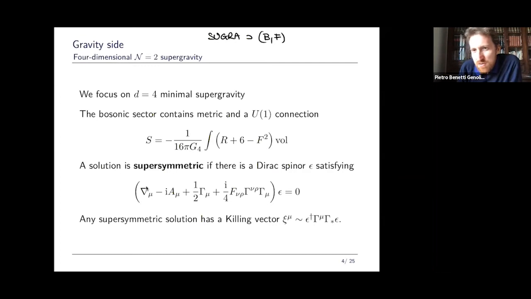The action or the theory is supersymmetric if you have a set of bosonic variations and a set of fermionic variations, such that the action is invariant under these. So the bosonic variations will contain the fermions, and the fermionic variations will contain the bosons. This is just a property of any supersymmetric theory.